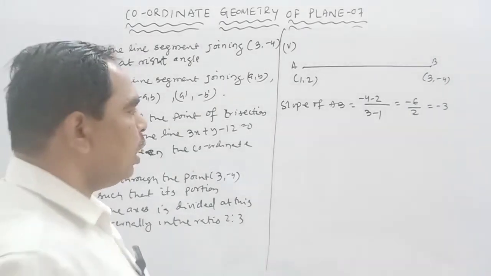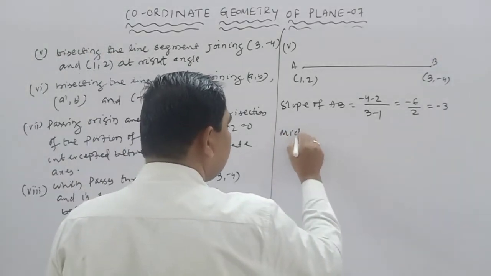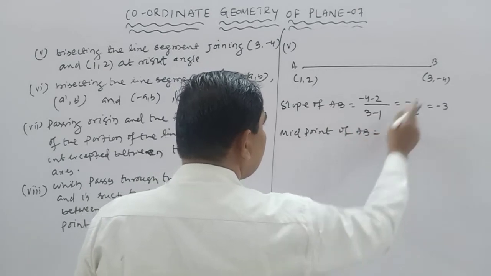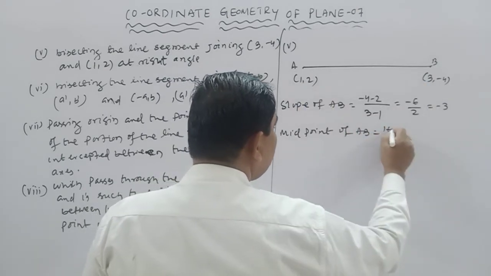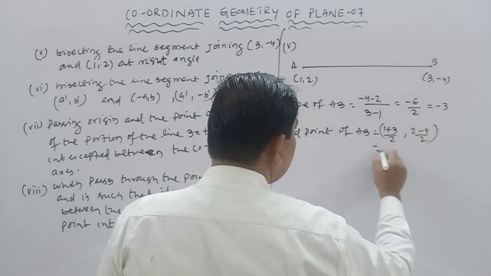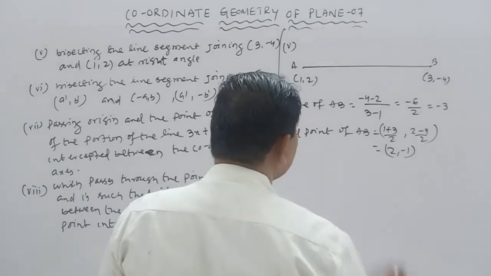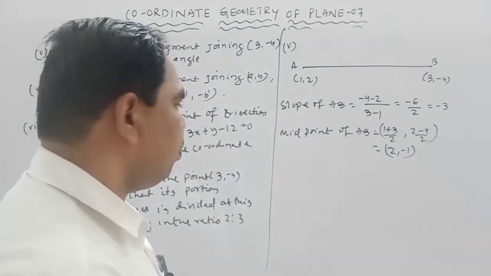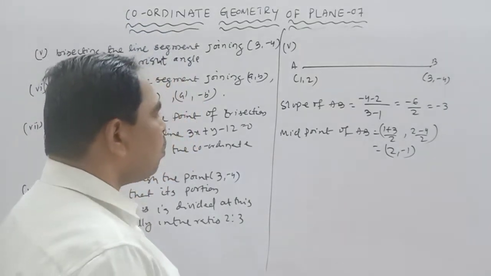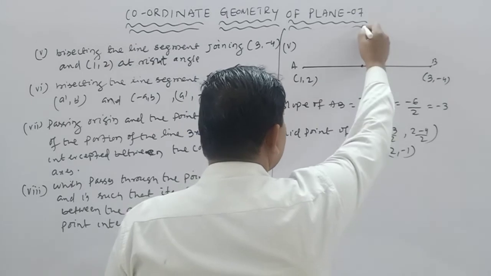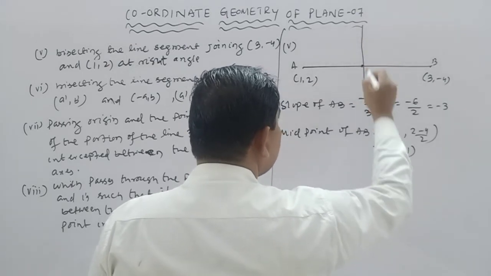Okay, the midpoint of AB means the sum of 1 plus 3 divided by 2, 2 minus 4 divided by 2. That is 2, -1. 2, -1 is the midpoint of AB. The required line is perpendicular to AB and passing through the midpoint of AB.